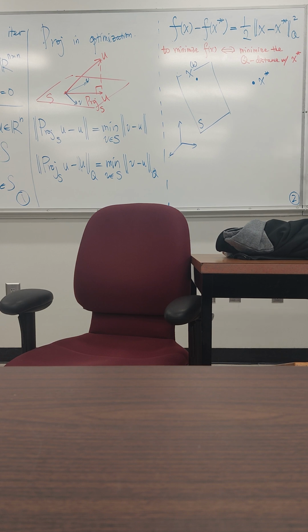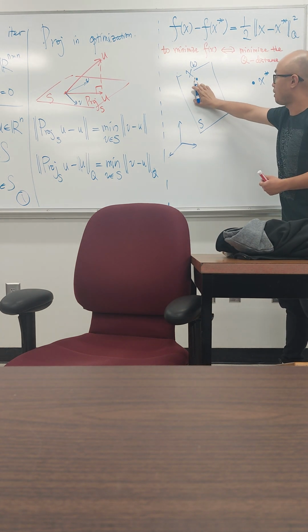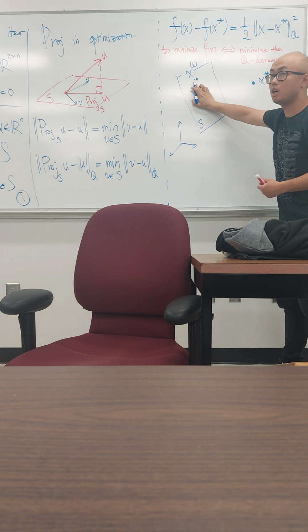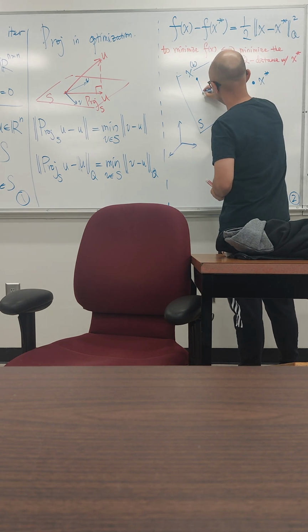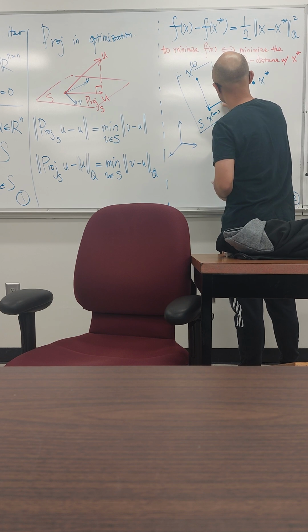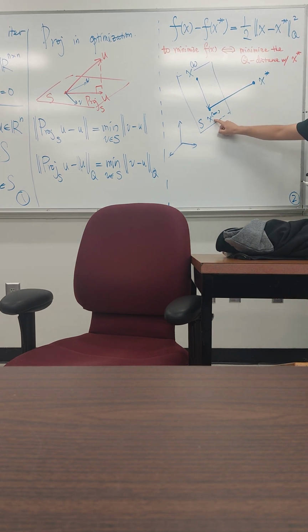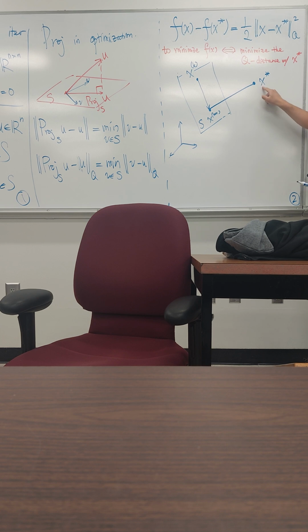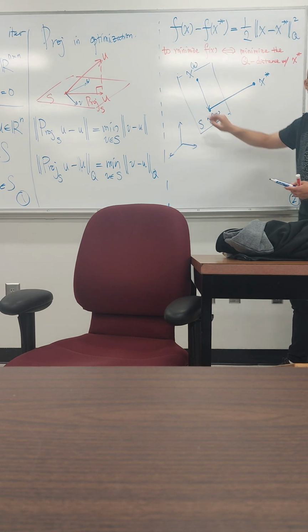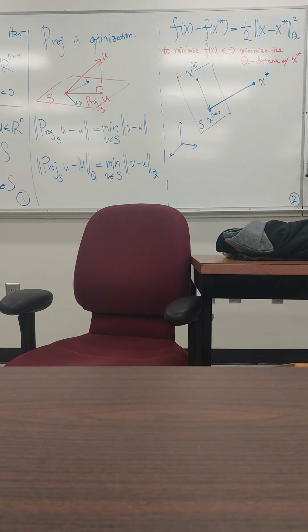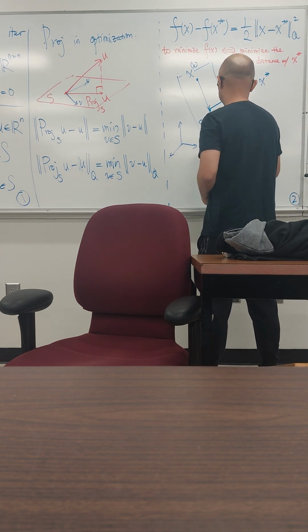To put this projection into the perspective of optimization, if our current iterate xk is here, we want to search for our next iterate such that it has the minimum possible distance to this minimizer among this search subspace.